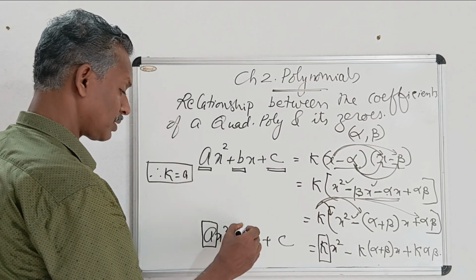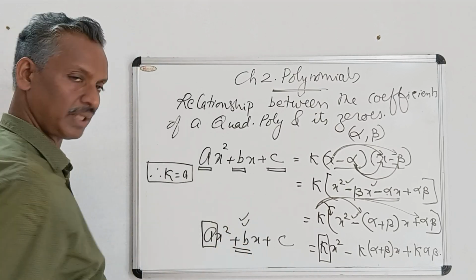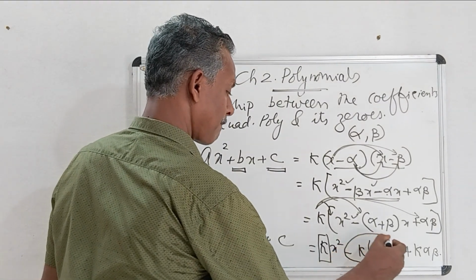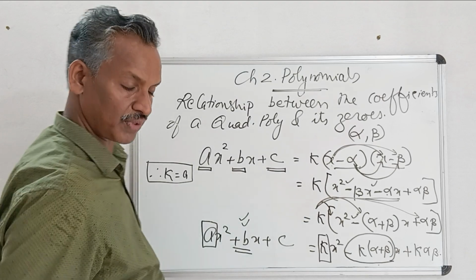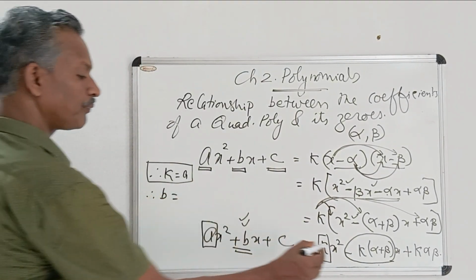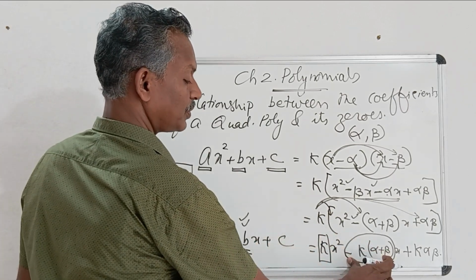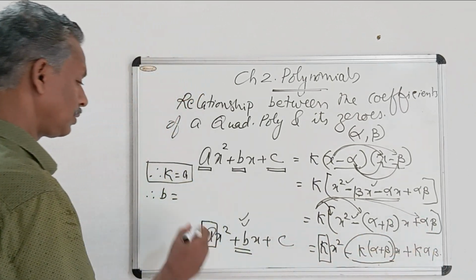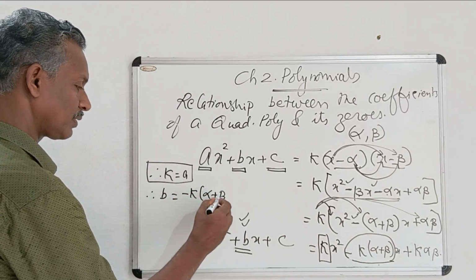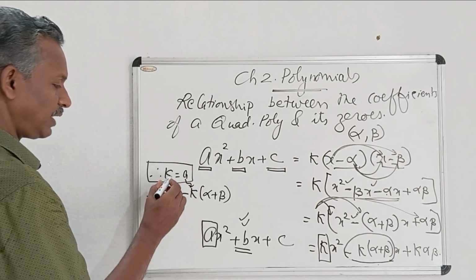And if you compare the coefficients of x, what is the coefficient of x here? It is plus b. And the coefficient of x on the right side is minus k into alpha plus beta. Therefore b is equal to minus k into alpha plus beta. We know k is a, from the first.